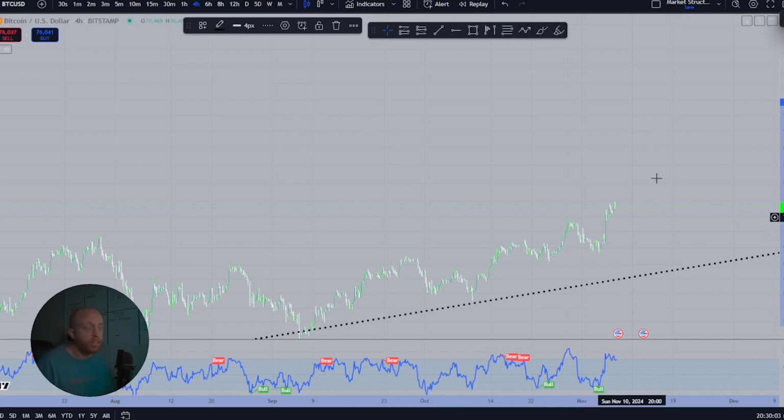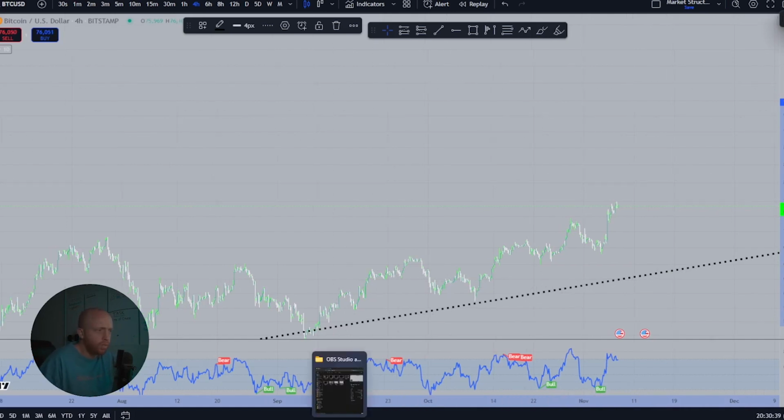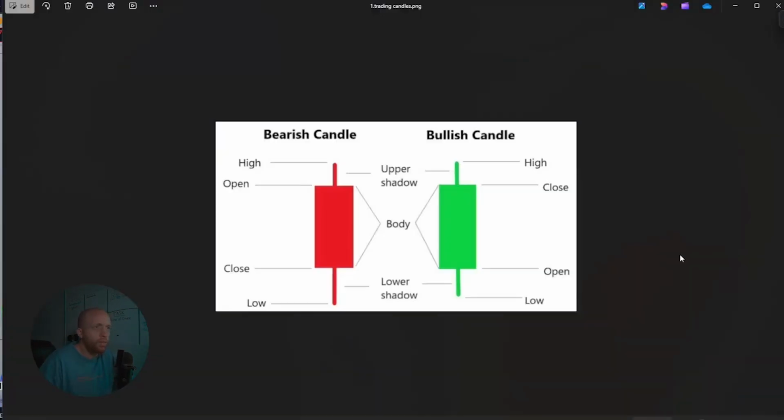If we're still in that uptrend, then that's fine. Those are the significant points that you don't want us to break. If we break a trend and we go down, that's when you typically want to either have a buying opportunity or take profits. Okay, now that we understand trends, you understand candles.